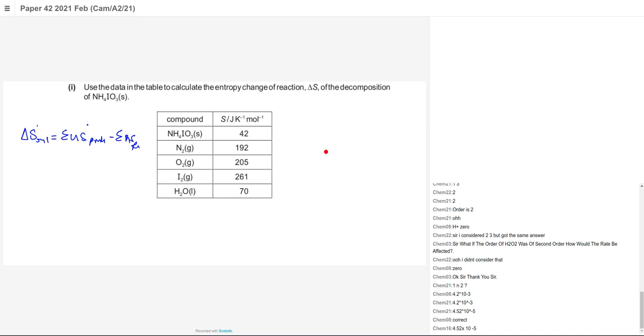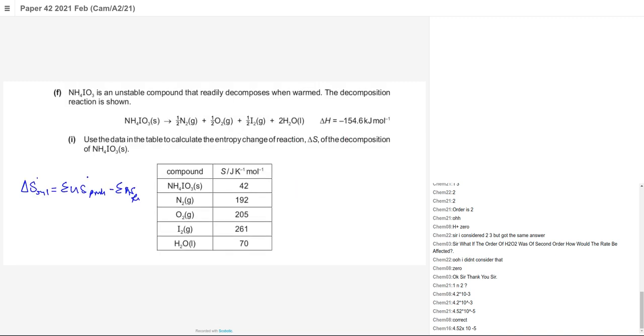For the products, you have to multiply by the moles: nitrogen 192 divided by 2, oxygen 205 divided by 2, iodine 261 divided by 2, water 70 multiplied by 2. This is the entropy of the products. The reactant is just 1.